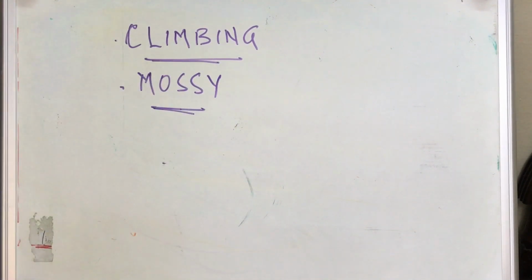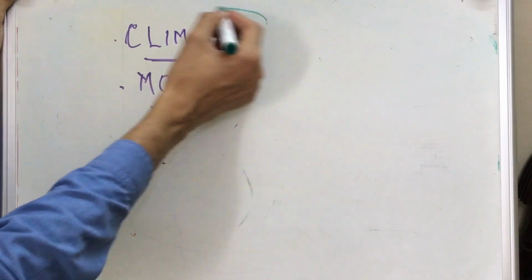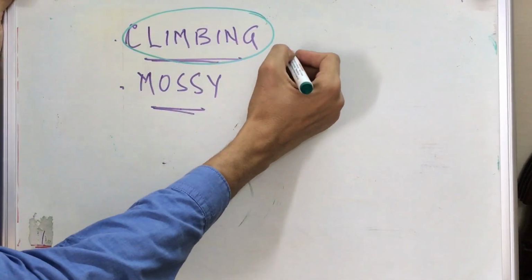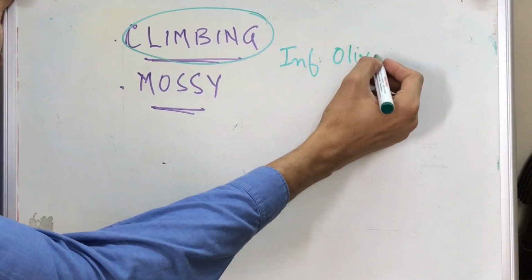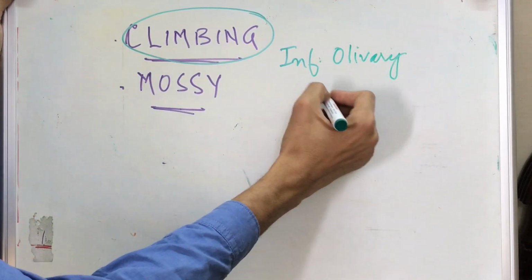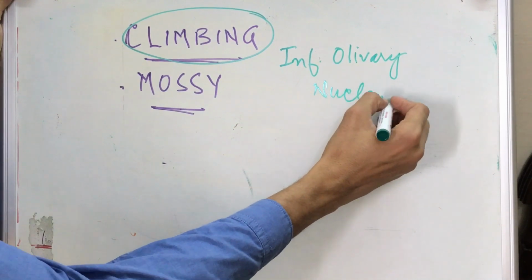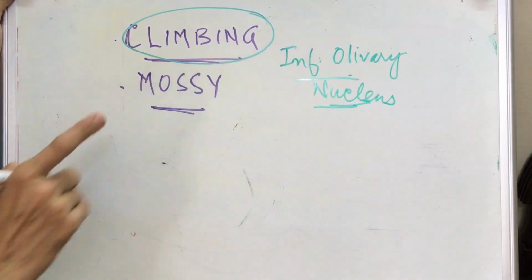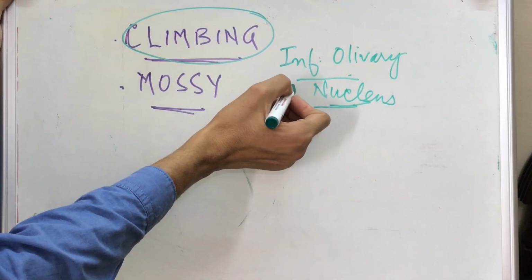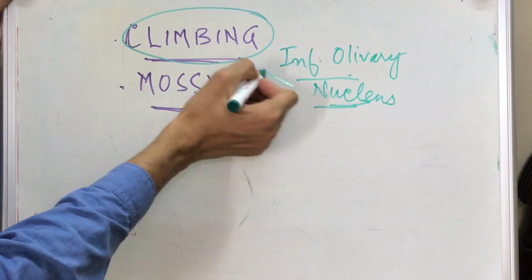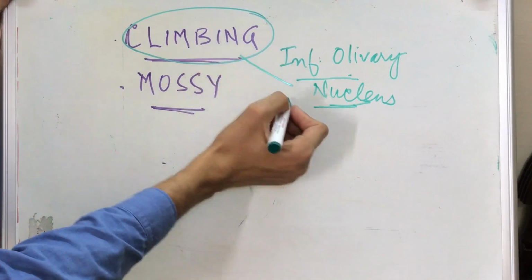Now these climbing fibers mainly arise from the inferior olivary nucleus that is present within the medulla. The axons of these fibers will directly, one-to-one, communicate with the Purkinje cell.